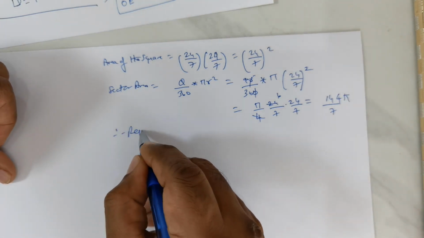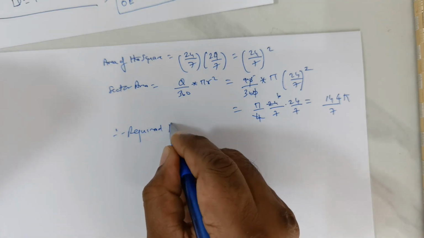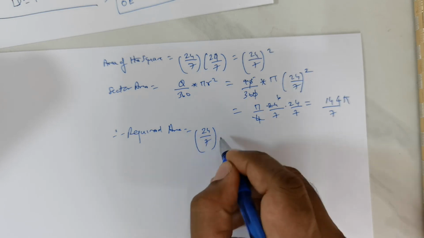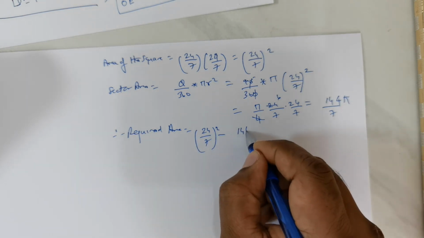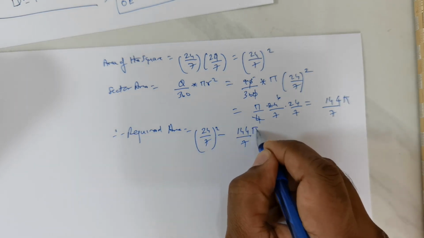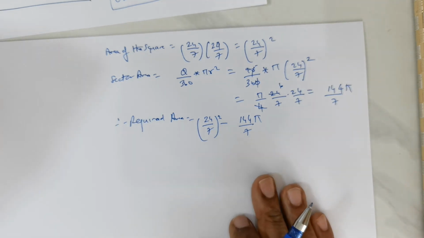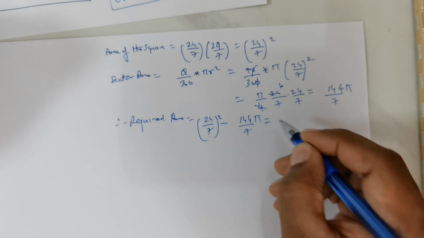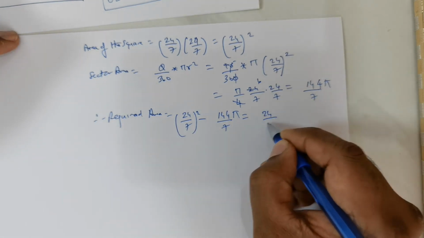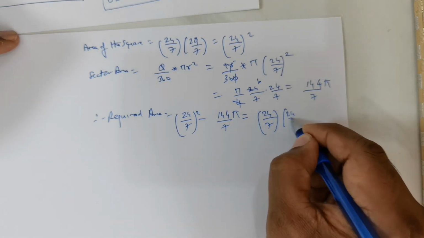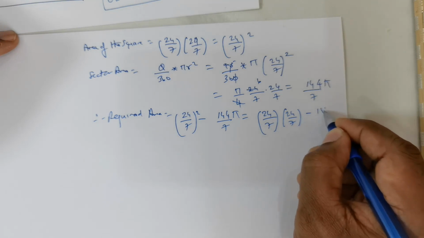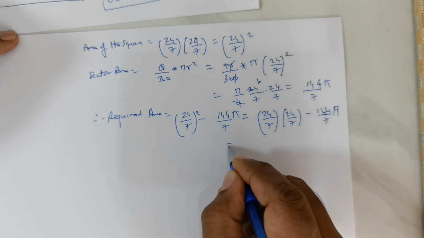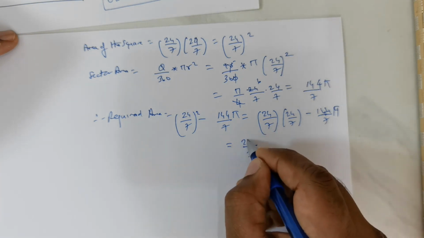So therefore required area is area of the square, 24 over 7 squared, minus 144 over 7 times pi. So this is what I've got. Now I can write this as 24 over 7 times 24 over 7 minus 144 over 7 pi. I can take a 7 out, I can take a 24 out.